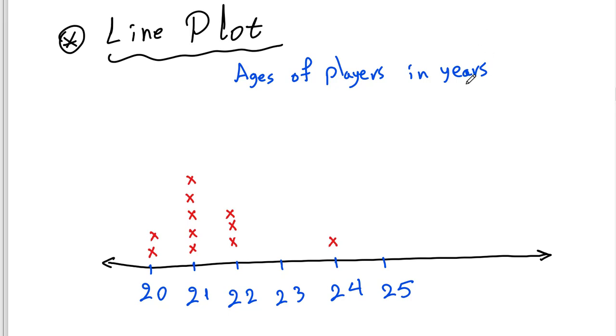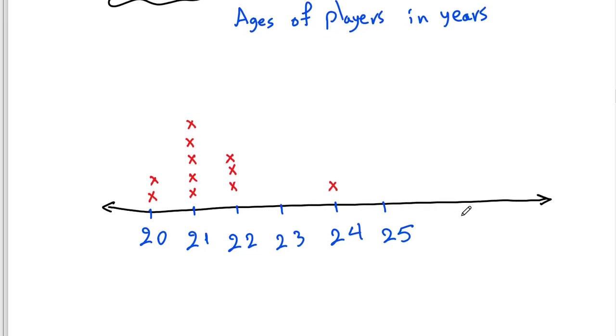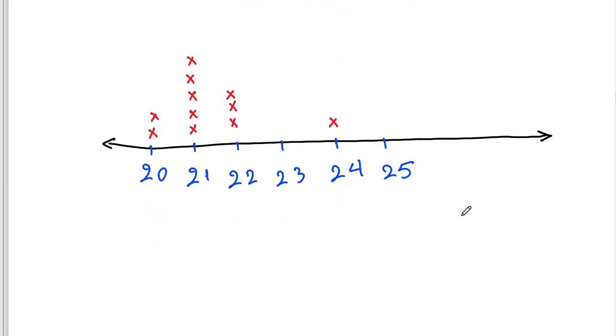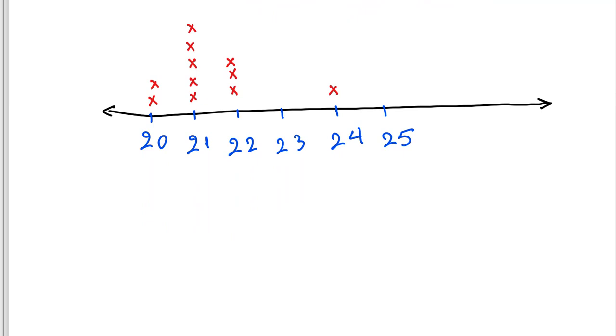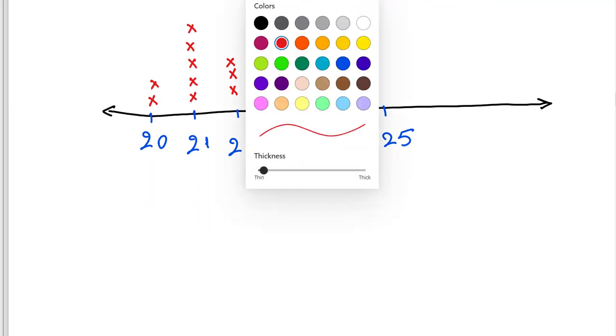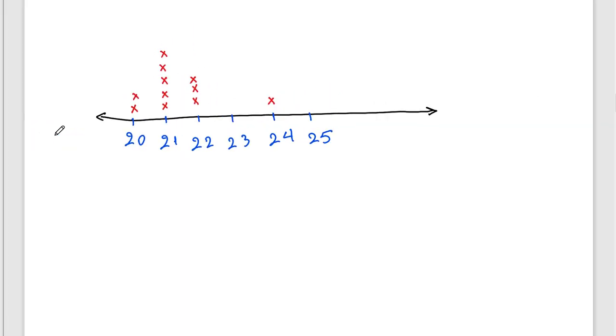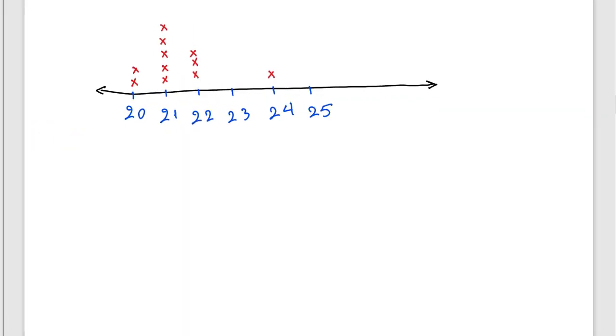Okay, this is the line plot, and I will ask some questions. I will move down so I can write the questions. I can make this smaller so I can write and you see the question and the drawing at the same time.